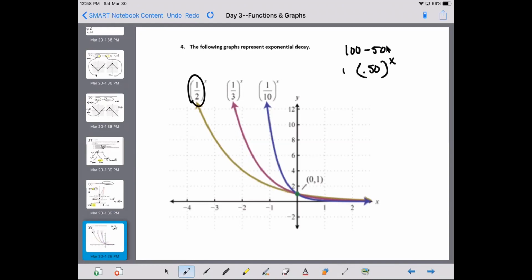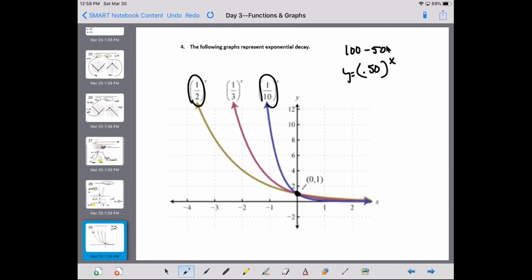Notice everything's going to have a y-intercept of 1. We're just adjusting our decay value. So if this is 1/3, then that just means that we're decreasing by 2/3. And then the other one is we're decreasing by 90%. So our decay value would be 1/10.